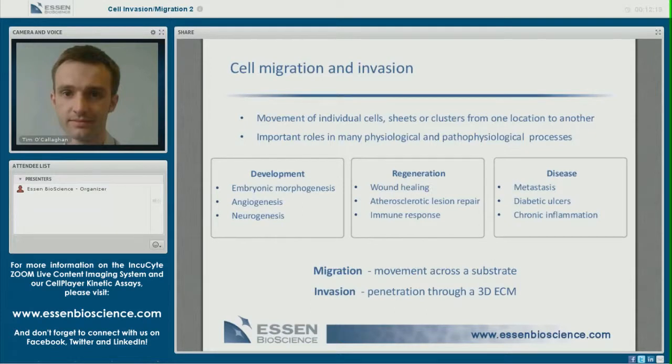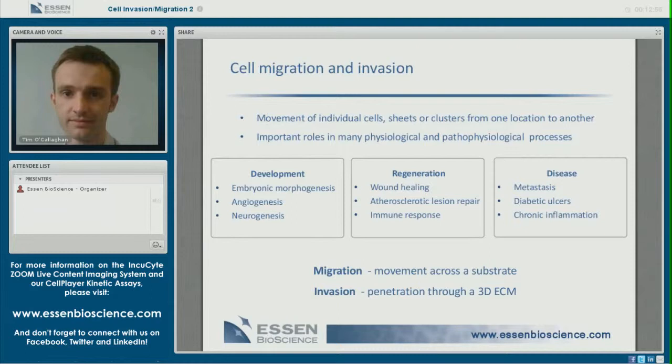Cell migration is defined as the movement of individual cells, sheets, or clusters of cells from one location to another. It plays important roles in many physiological and pathophysiological processes, including development, such as embryonic morphogenesis and angiogenesis, regeneration, including wound healing and atherosclerotic lesion repair, and also diseases such as metastases, which are characterized by the uncontrolled movement of cancer cells away from the site of the primary tumor and to distant sites within the body to establish secondary tumors.